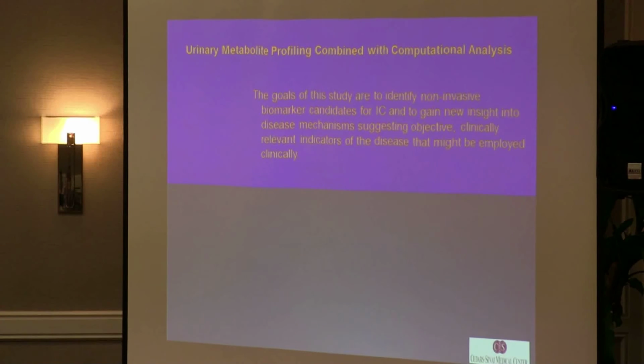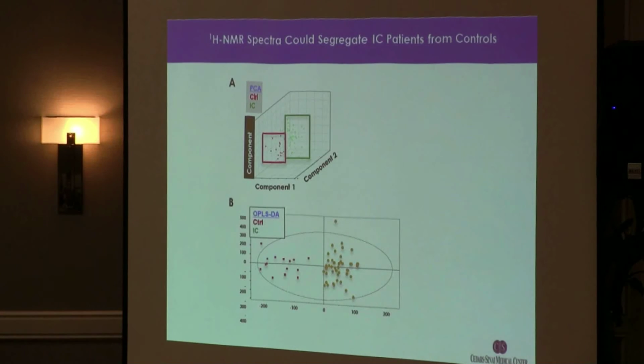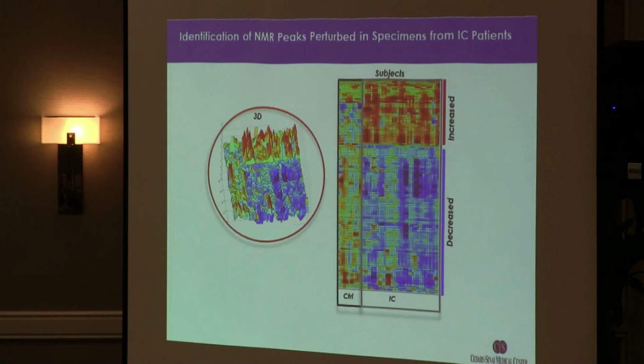Yeah, sure. So we got samples from patients, and we did NMR-based analysis, and PCA and OPLS-DA, the statistical analysis, showed a beautiful stratification of the patient samples from controls, which was great.